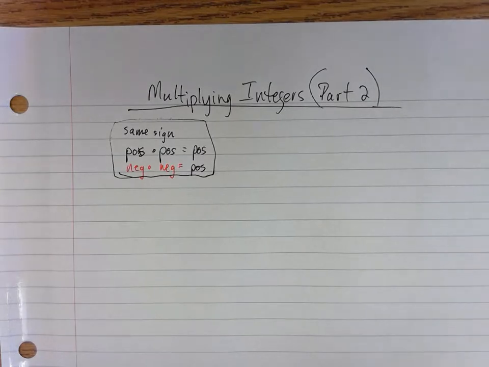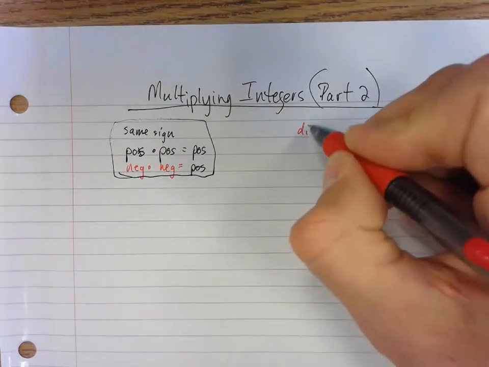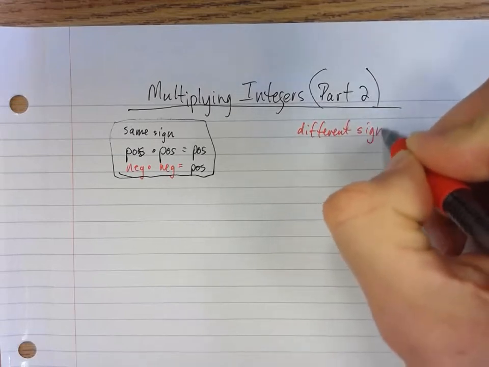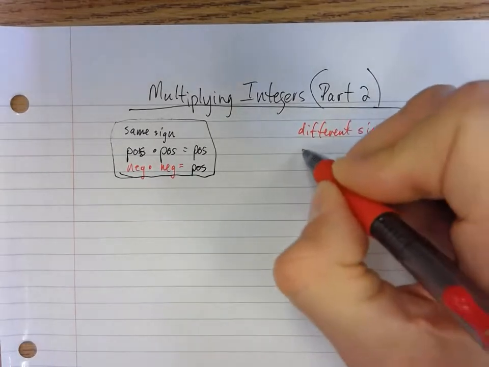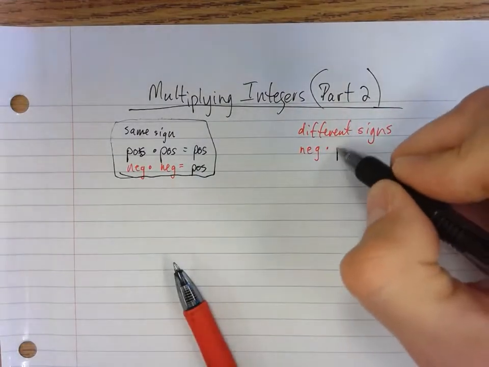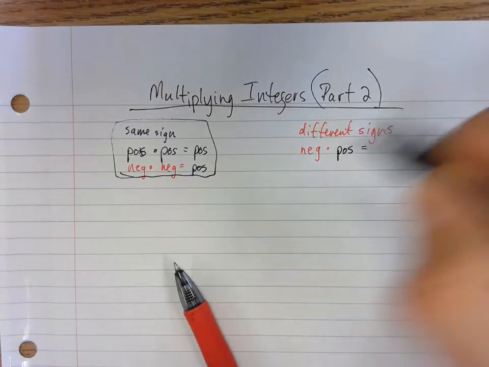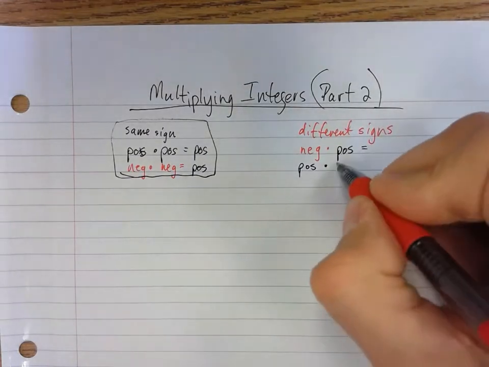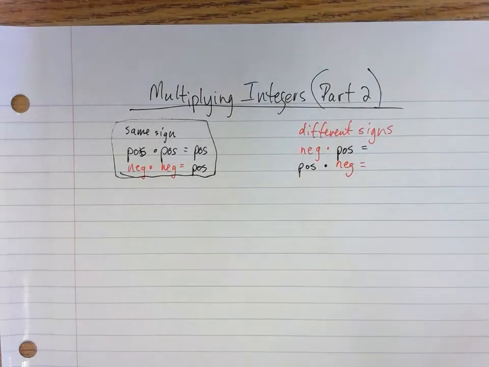Now, what happens when you have different signs? Okay, so if you have a negative times a positive, or if you have a positive times a negative, what are you going to get?